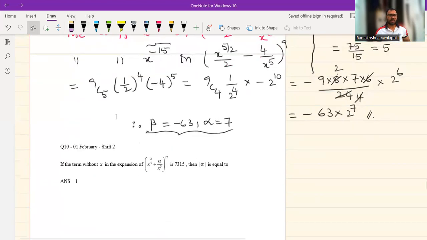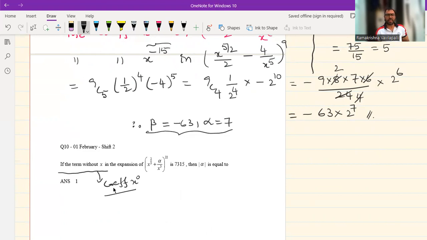So I'm leaving the rest of the questions for you. You can use the same method. If the term without x, this means the coefficient of x power 0, is 7315, then what is mod alpha?